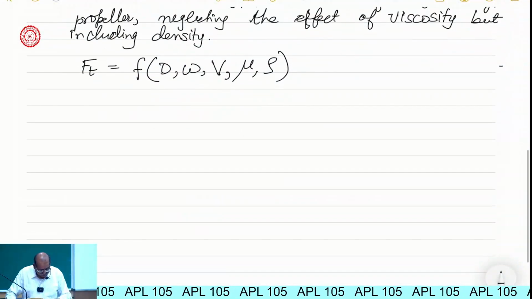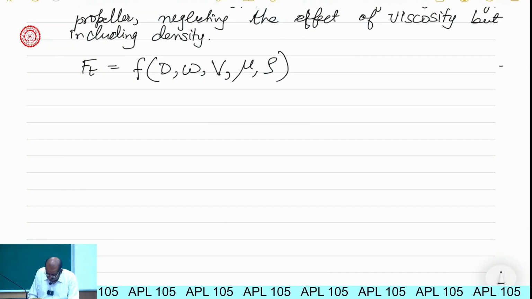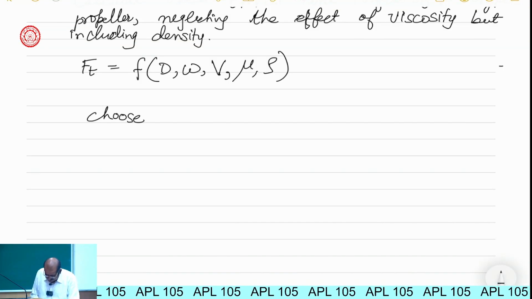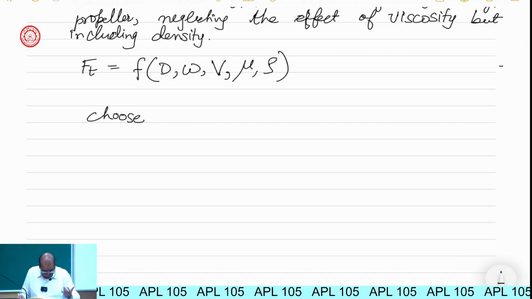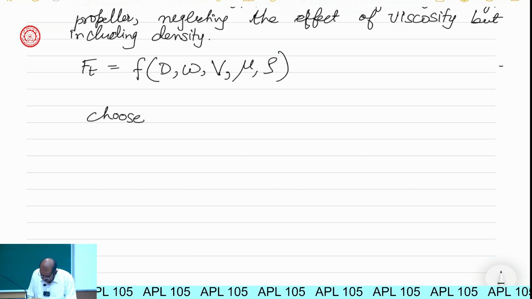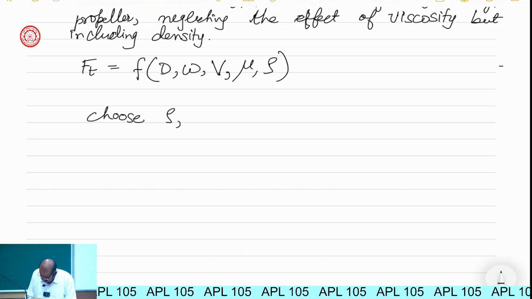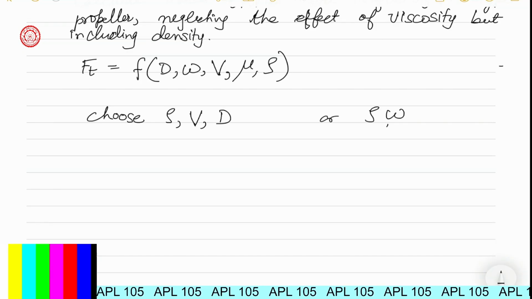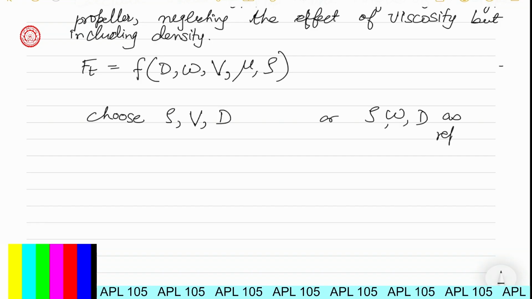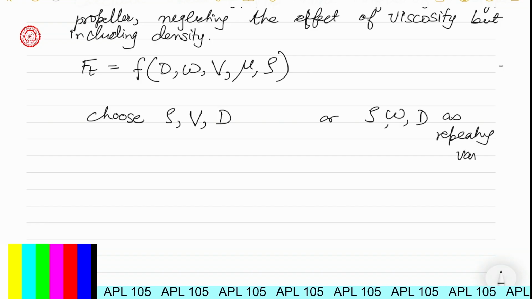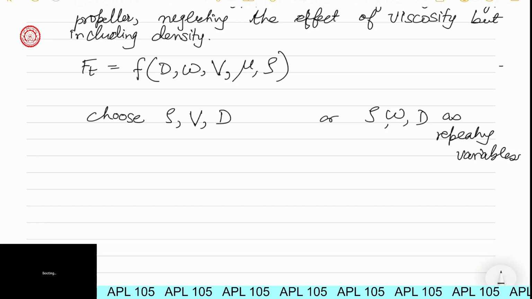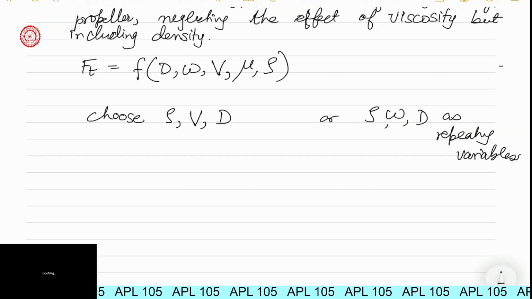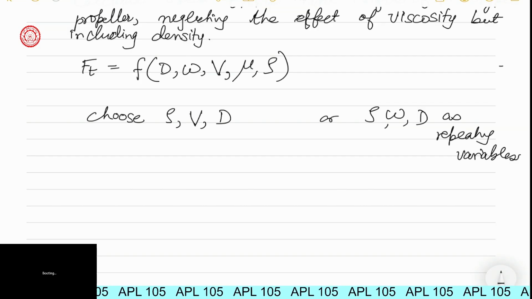So if we now choose, we can choose rho, V and D or rho, omega and D as the repeating variables.